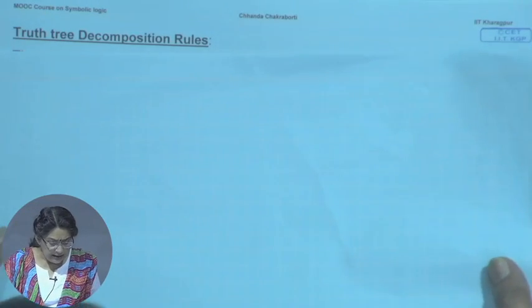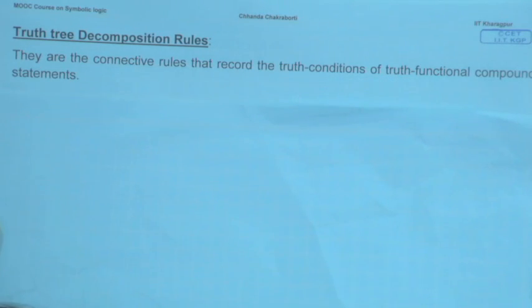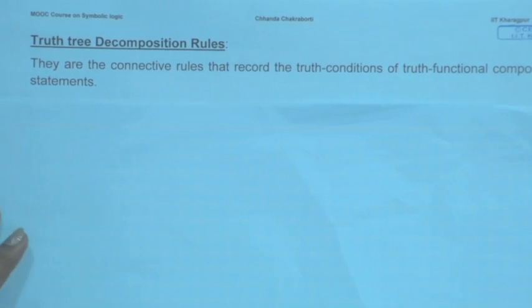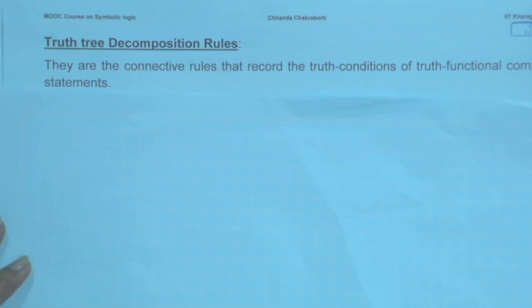We started this, so I'll just freshen your memory a little bit and say that what we were looking at last were truth tree decomposition rules, how to decompose propositions in a truth tree.